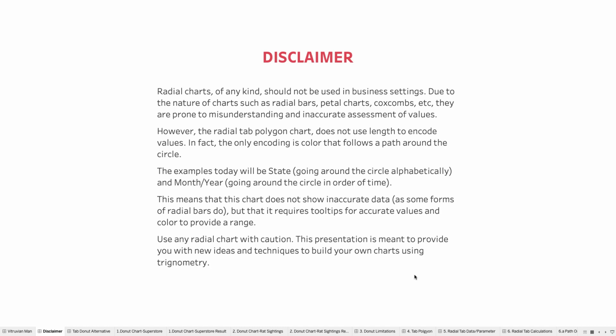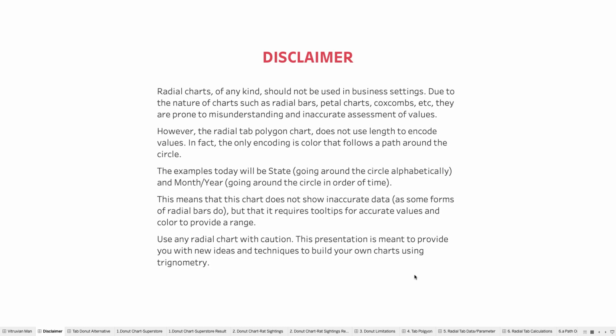We can't do any of these creative, crazy chart types without having a little disclaimer: don't do this in a business setting. Any type of chart, especially radial bars, petal charts, coxcombs, many of those can be prone to misunderstanding and inaccurate assessments of the values. I will say the radial tab polygon chart doesn't use length to encode a value.